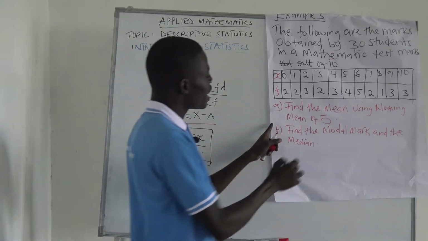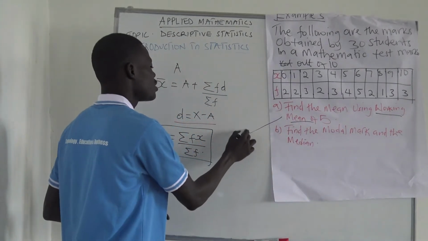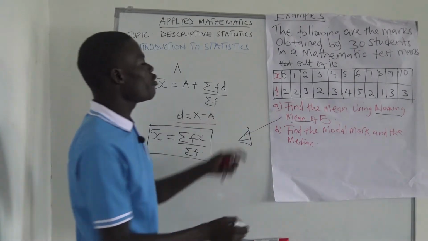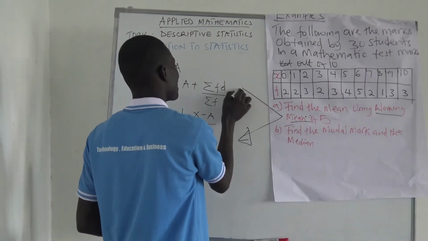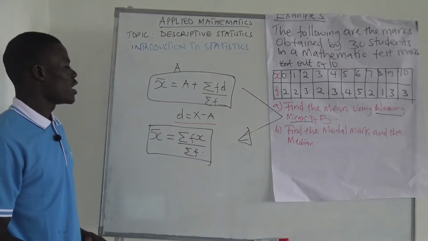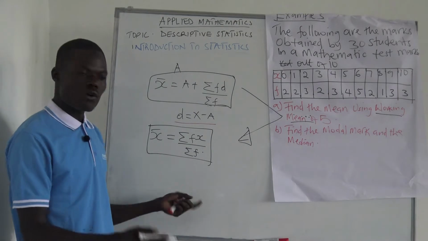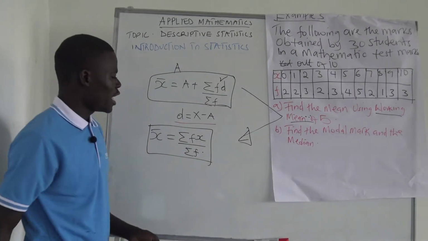If you don't have the assumed mean or working mean, you get the mean using that value. But if you have it, it is a must that we use this value. So instead of a column for fx, we shall have a column for fd.